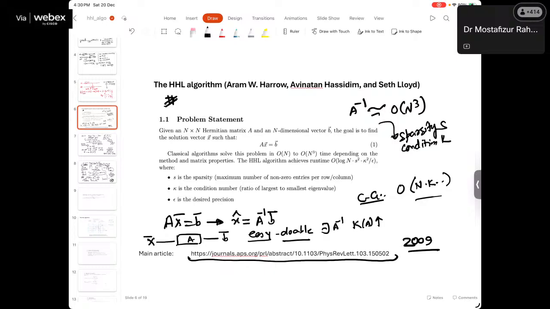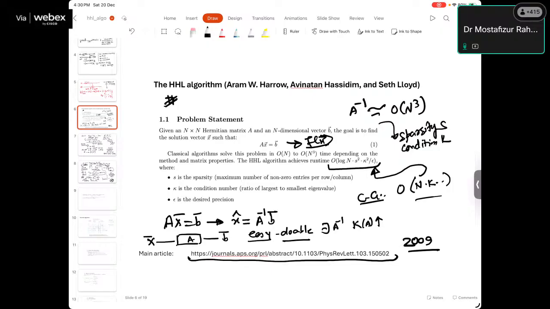If you are using the HHL algorithm to find some function of the input, some subset of the equations you want to solve, and the equation has enough sparsity, then you can reach up to order of log n, s squared k squared by epsilon. So a reduction from n to log n is possible, subject to the matrix being sparse enough and having a good condition number.